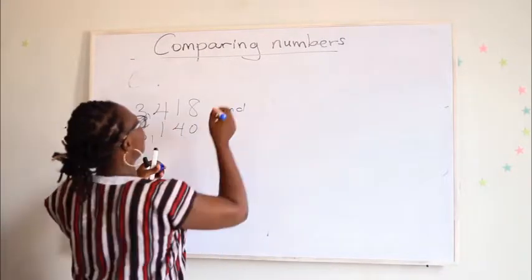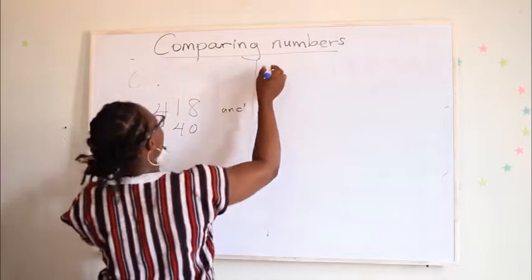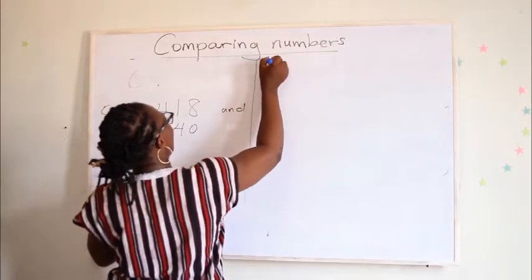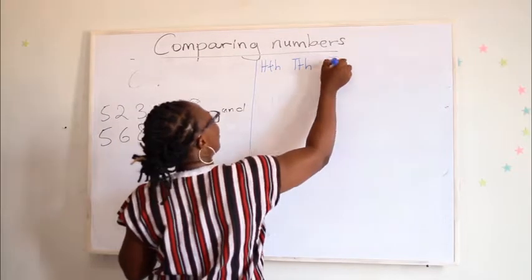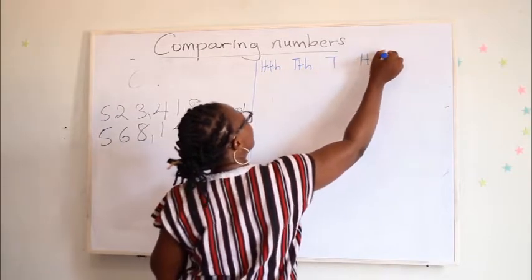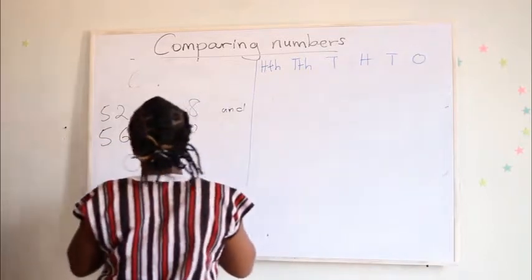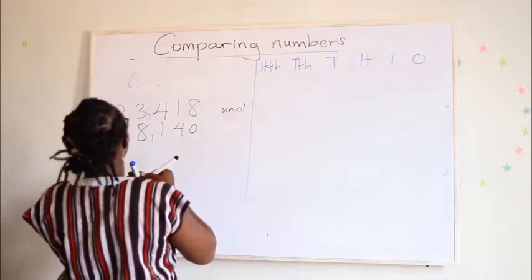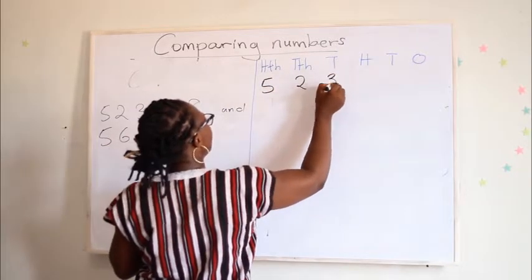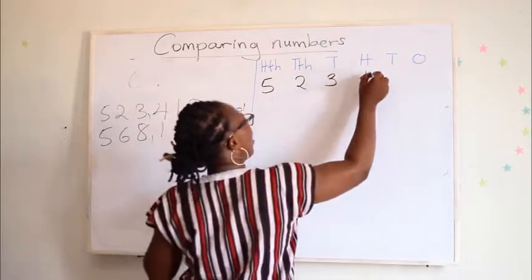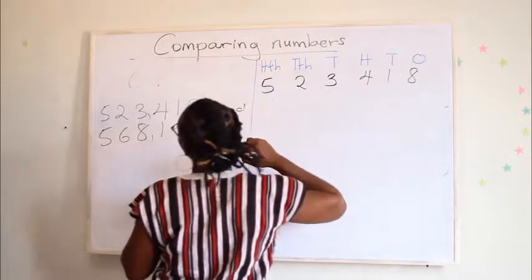So with this I have 100,000, 10,000, 1,000, 100, tens and ones. So I have the values 523,418.